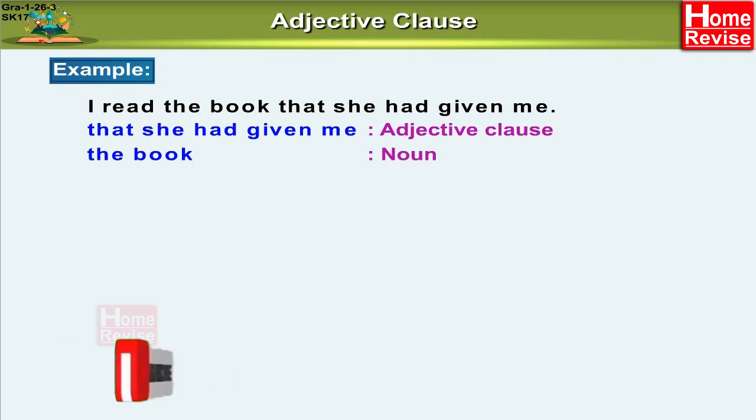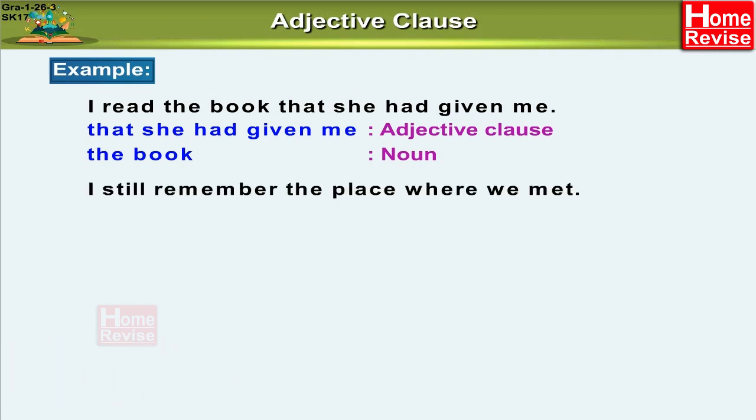Let's take one more example. I still remember the place where we met. Which place? Where we met. So here, where we met is the adjective clause, which is describing the place. Let's take another example.